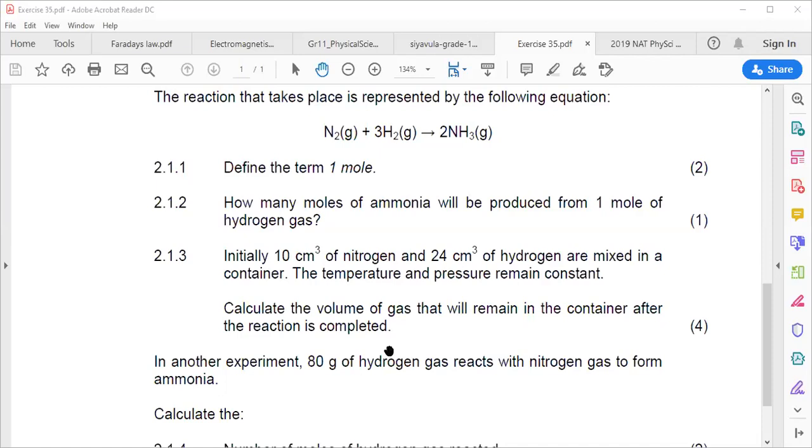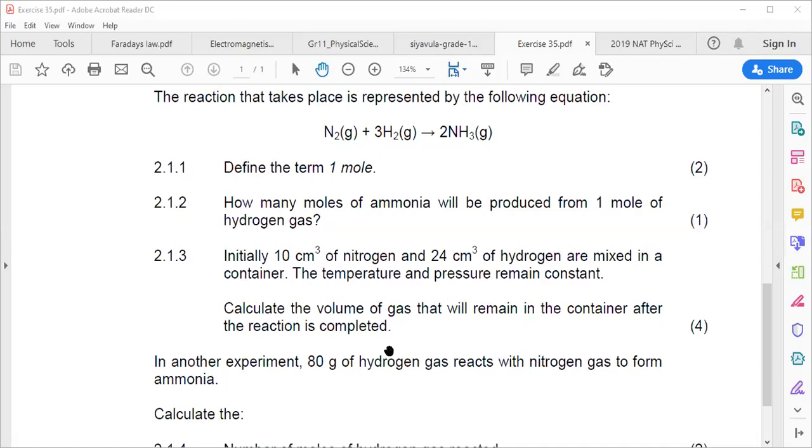How did you understand this? Calculate the volume of gas that will remain in the container after the reaction is completed. Which gases are going to remain here? Don't give me names, but what are we talking about when we say the gas that remain?